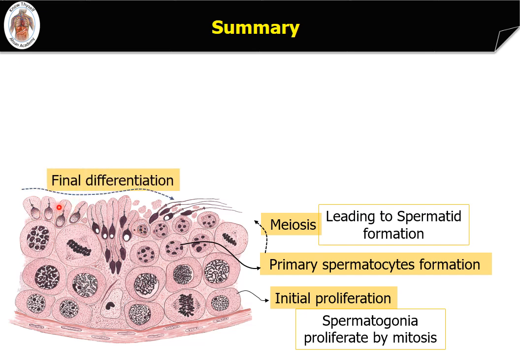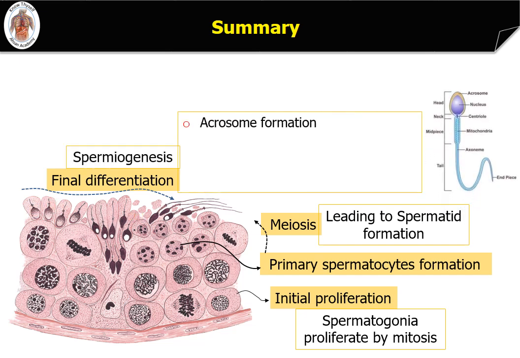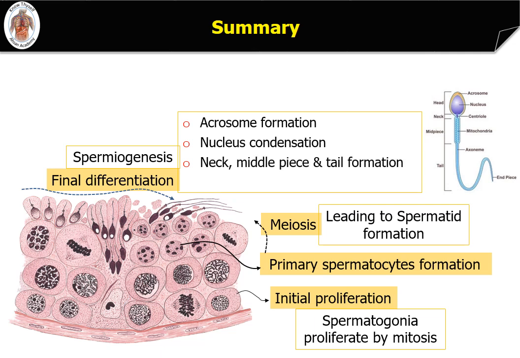This is the final differentiation, known as spermiogenesis, and in spermiogenesis there are four stages: acrosomal cap formation, nuclear condensation, neck, middle piece, and tail formation, and finally shedding of extra cytoplasm.